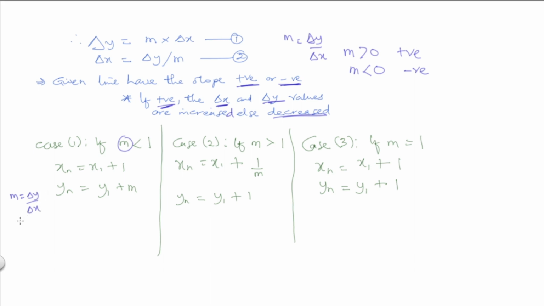So if m is less than 1, then what we mean to say is, assuming the change in the y coordinates is, let's say, 2, and the change in the x coordinates is, let's say, 5, then the value we would get over here will be 0.4, which is less than 1. So in this case, m will be less than 1.